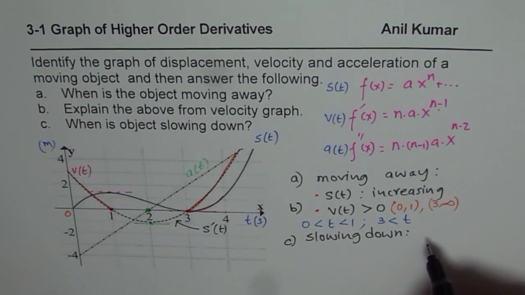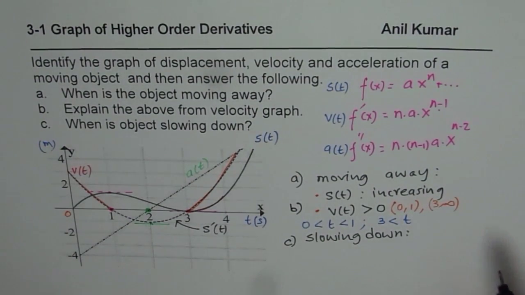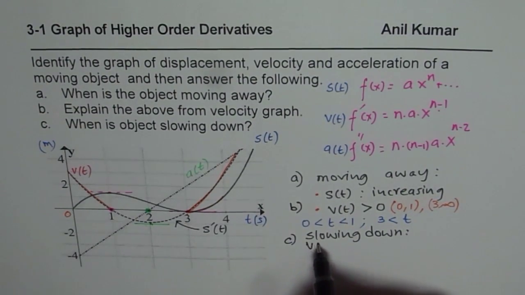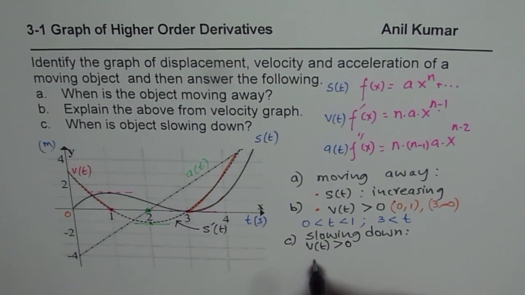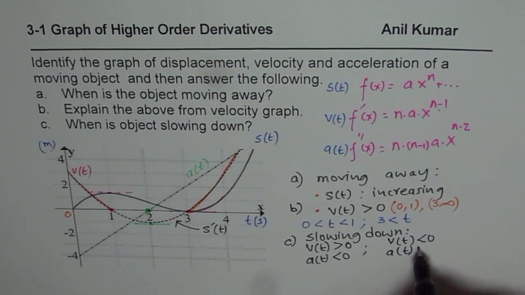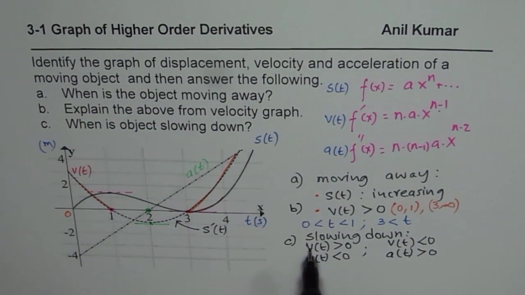The object is slowing down when velocity and acceleration are in opposite directions. That means there are two conditions. That is, when velocity is greater than 0 and acceleration is less than 0. That could be one condition. The other condition could be when velocity is less than 0 and acceleration is greater than 0. Then it is slowing down. It really means, let us say you're moving north.